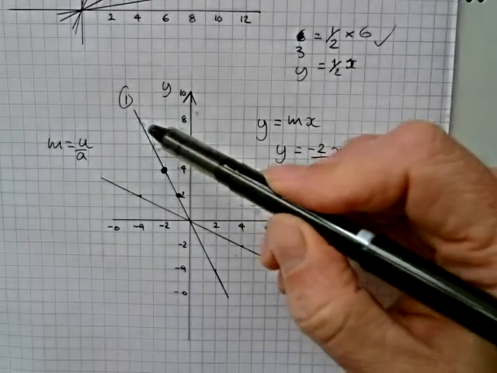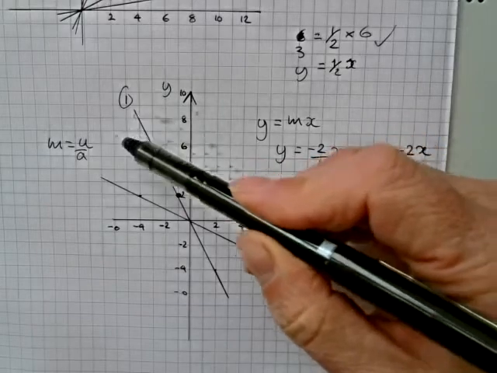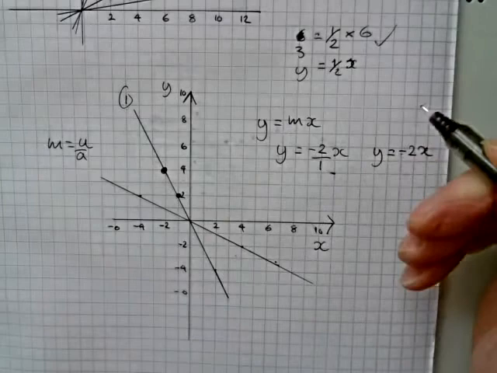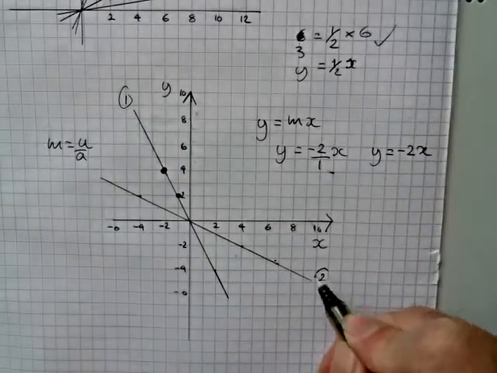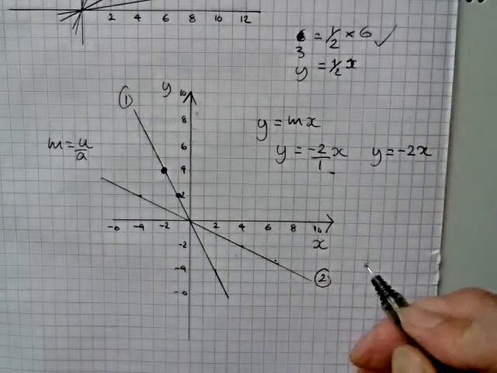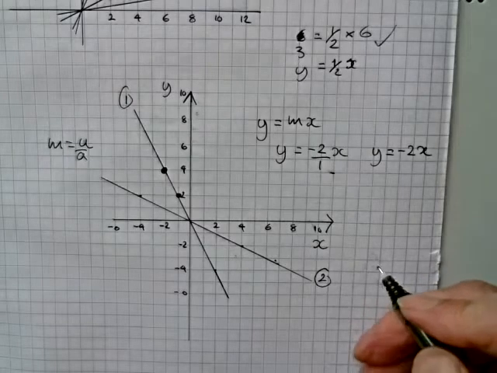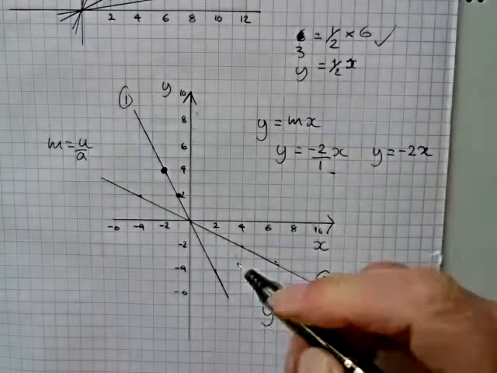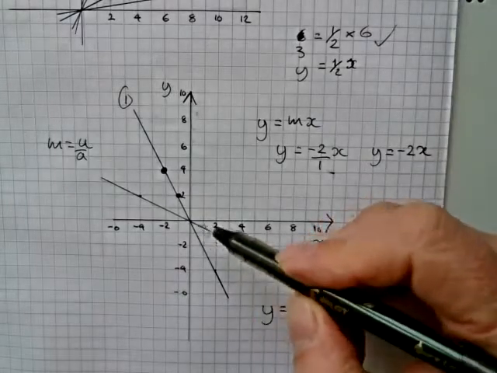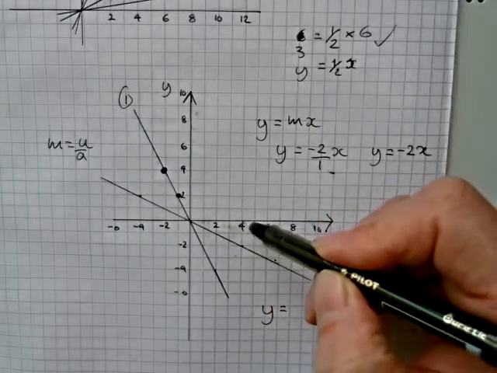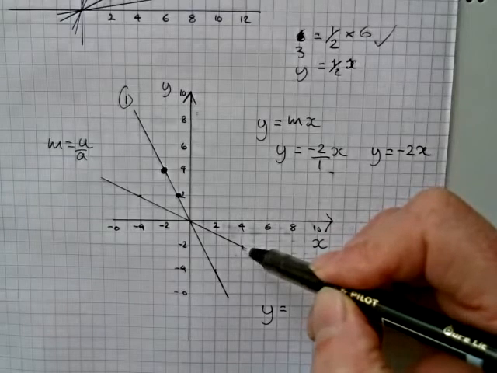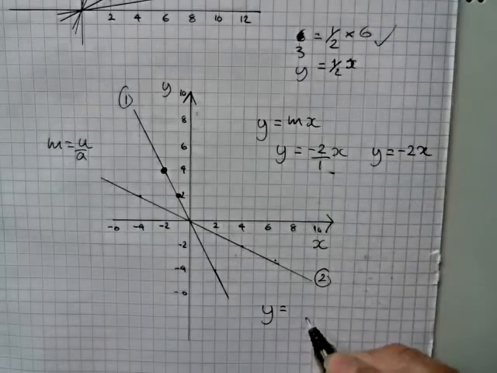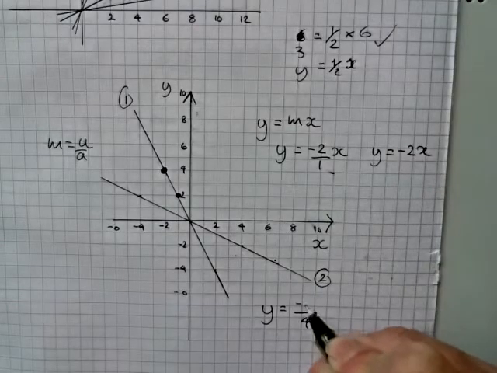So for lines that, as we go from left to right, slope down, you have negative gradients. So if you could try and do number 2 now, see how you get on with that. Okay then, so for number 2, if we went 4 across, we come down 2, so the across is on the bottom, and the down is on the top.